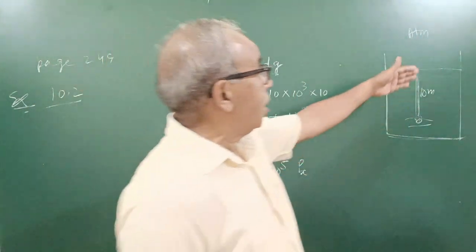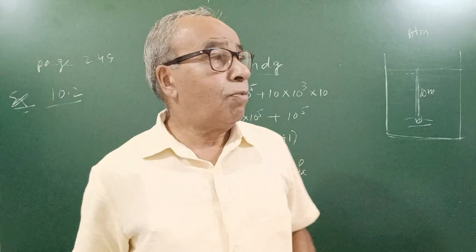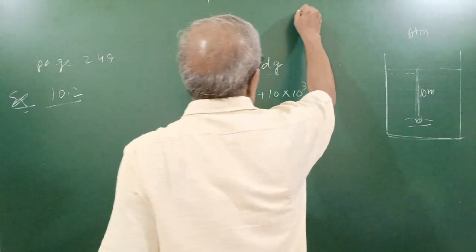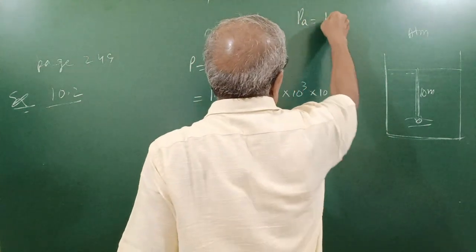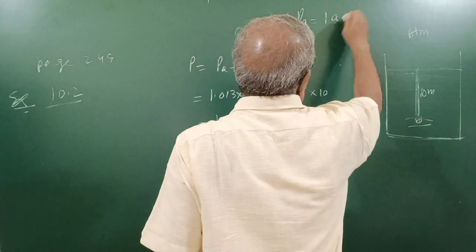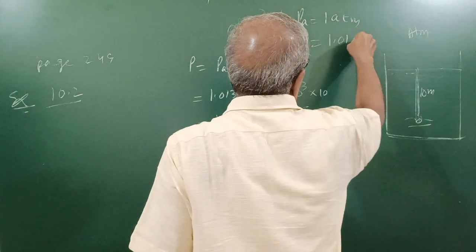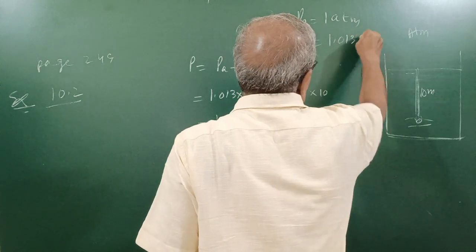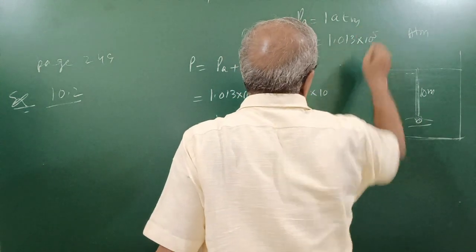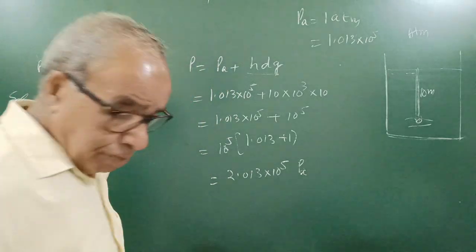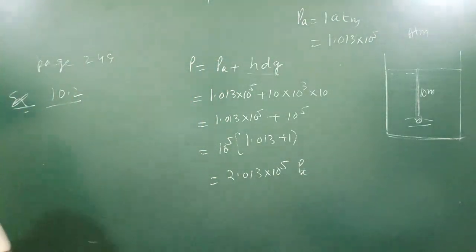Don't forget there is atmosphere also. And 1 atm, Pa, we take it as 1 atm, remember it forever, is equal to 1.013 × 10^5 Newton per meter square, or Pascal. So this is this question.